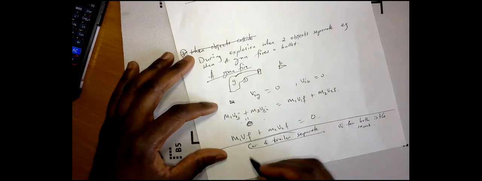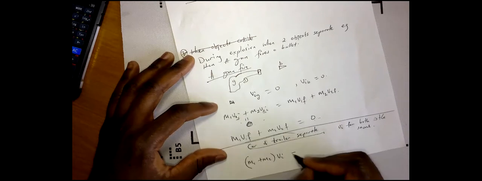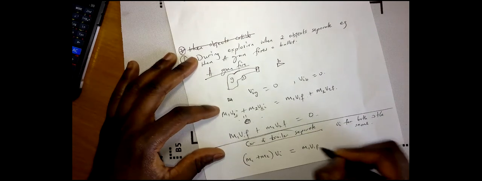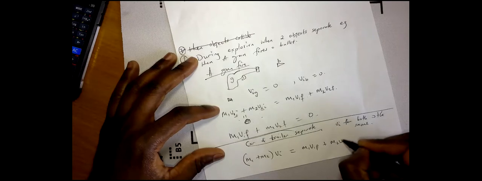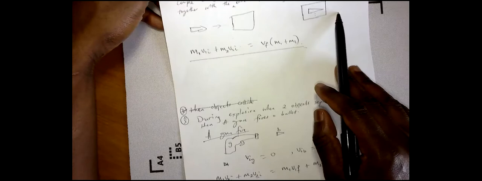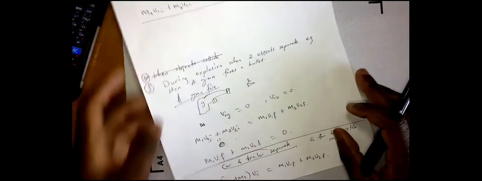So there's going to be m1 plus m2, because they have different masses, but the v initial is the same, equal to m1 v1 final plus m2 v2 final as well. So you can see that it's a reverse of that. Here the two move together after colliding, but in this case the two move together before the collision, before the explosion.